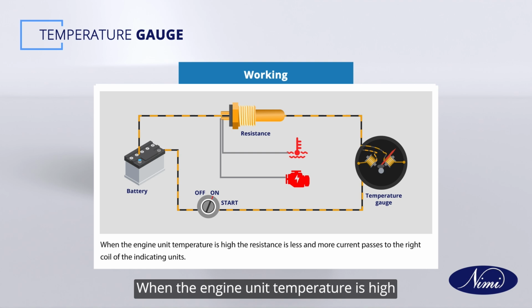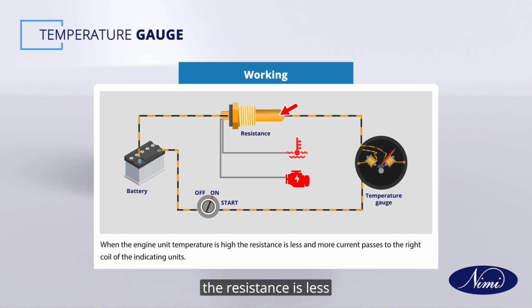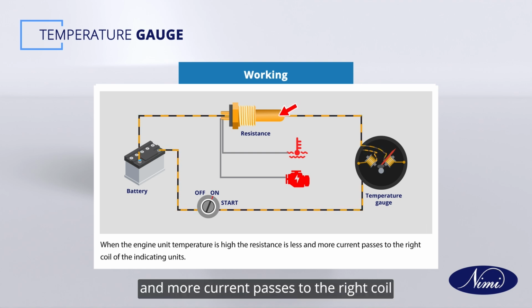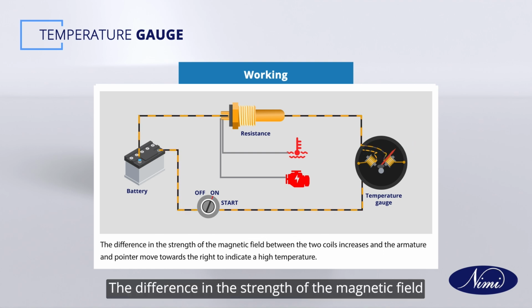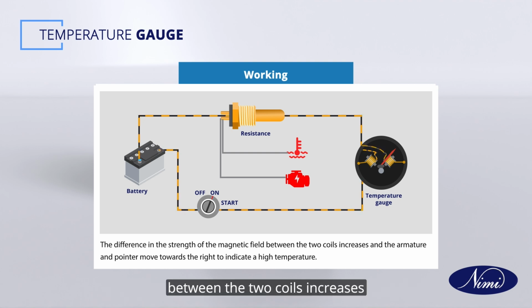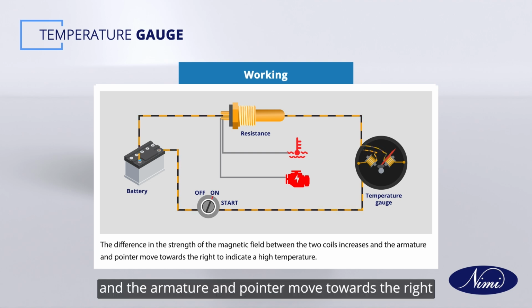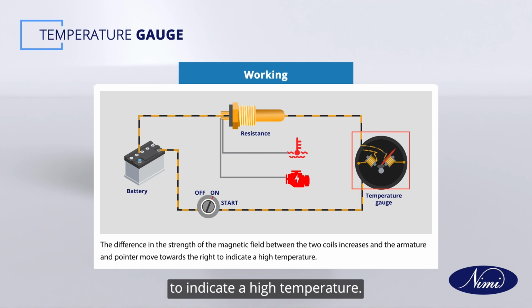When the engine unit temperature is high, the resistance is less and more current passes to the right coil of the indicating units. The difference in the strength of the magnetic field between the two coils increases and the armature and pointer move towards the right to indicate a high temperature.